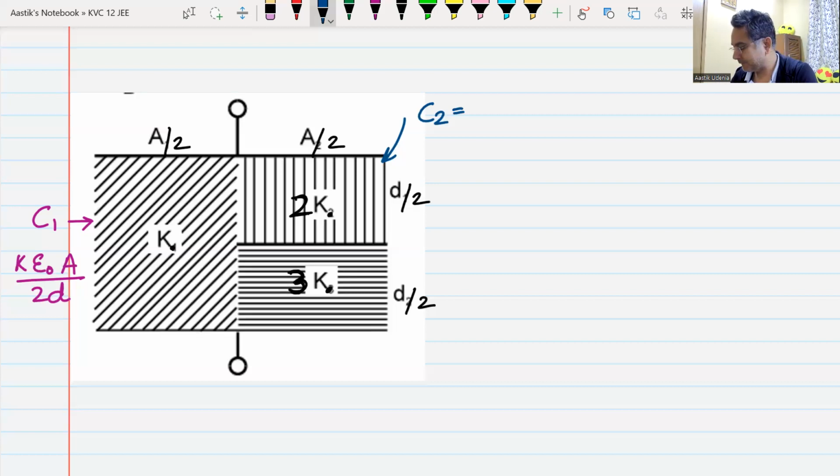I don't think so. 2 into K, area is A by 2 and distance is D by 2.